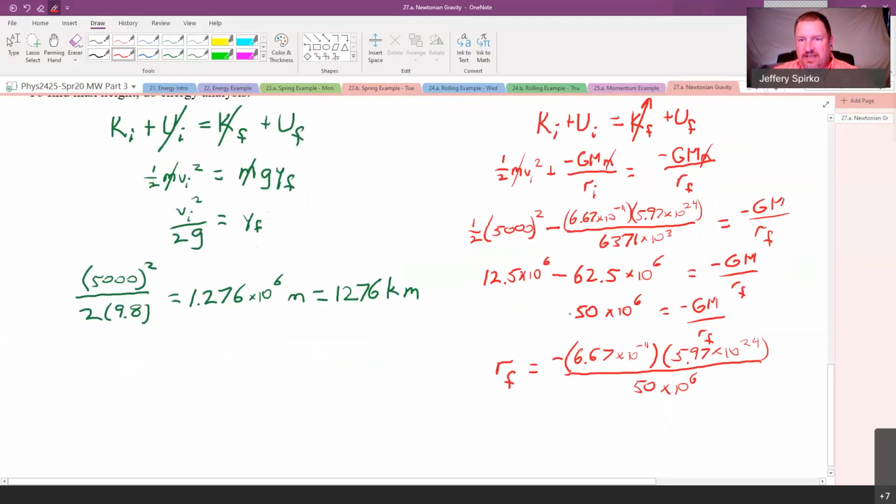And this was a negative, so this turns positive. 6.67 times 10 to the negative 11th, 5.97 times 10 to the 24th divided by 50 times 10 to the sixth is equal to 7.964 times 10 to the sixth meters, which is 7964 kilometers.